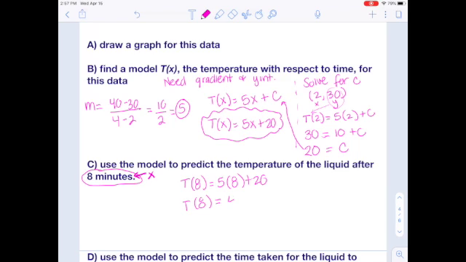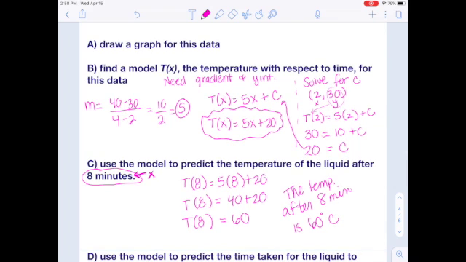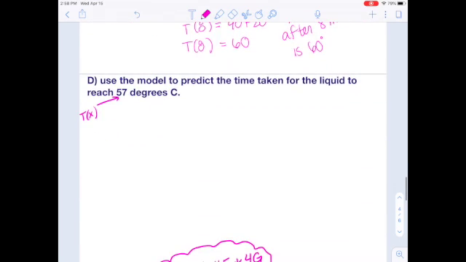So T of 8 is equal to 40 plus your 20. So T of 8 is 60. So the temperature after 8 minutes is 60 degrees Celsius. Or just 60 degrees.